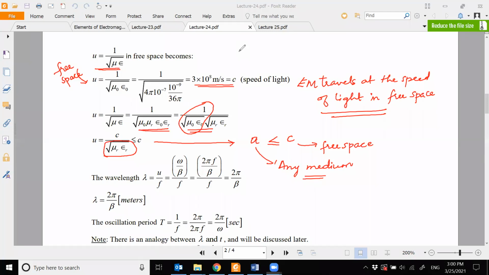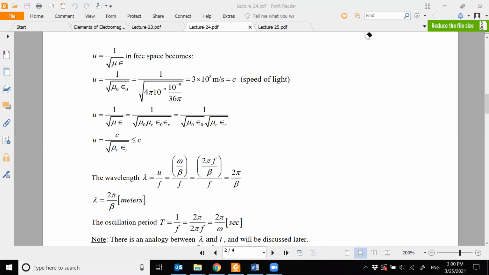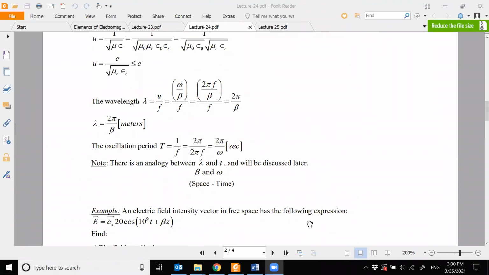Okay. Then we also look at other parameters of our electric field, which is E0 cosine omega t minus beta z. From there, what we found is these things. First is the wavelength. We have E bar is a_x E0 cosine omega t minus beta z. We just looked at u, which is this one.